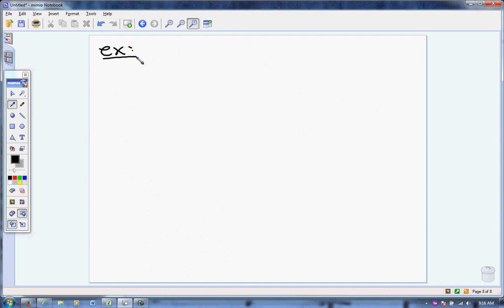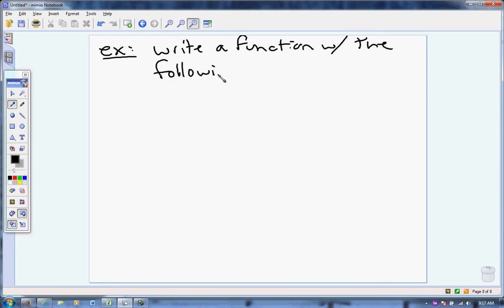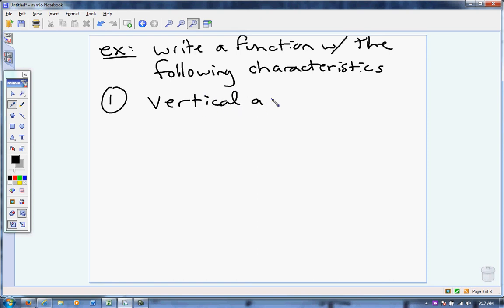What if they ask you to write a function with the following characteristics? So they're going to give you some information like this. They're going to say, okay, there are two vertical asymptotes.